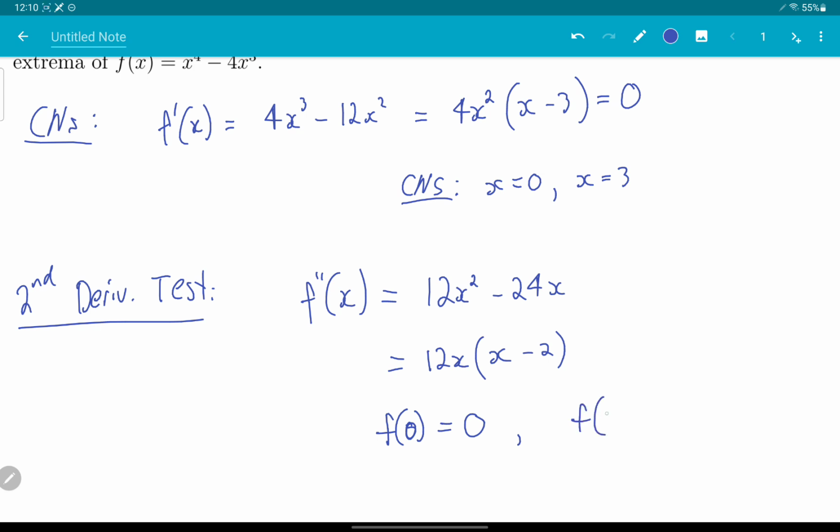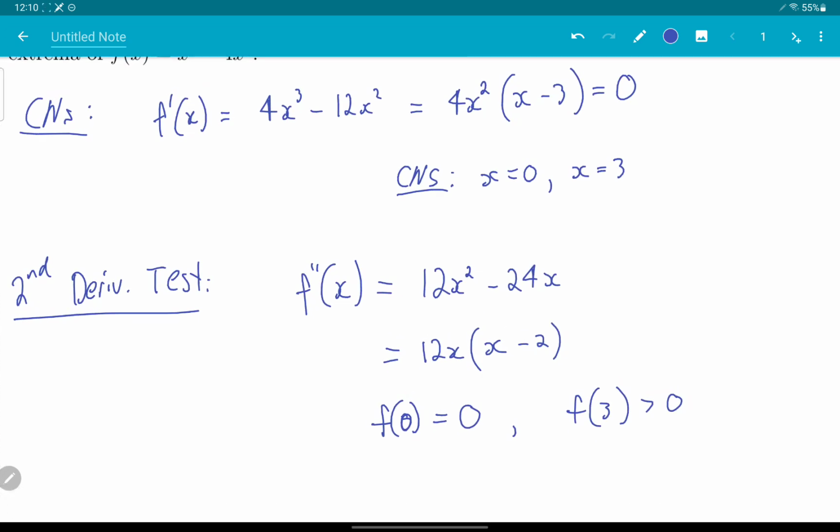F double prime of 3 is, well, with the factored form, I can quickly see that it's positive times positive. So that's bigger than 0. Okay, so here we have a local min. So therefore, local min at x equals 3. And here we have no information, unfortunately.